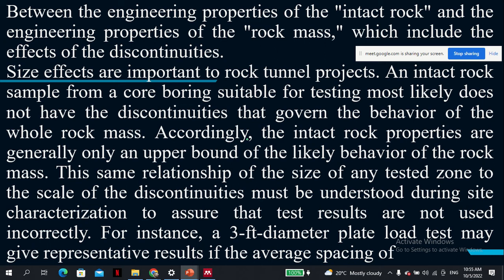This same relationship of the size of any tested zone to the scale of discontinuities must be understood. The scale effect, in a nutshell, must be understood during site characterization to ensure that the test results are not used incorrectly.